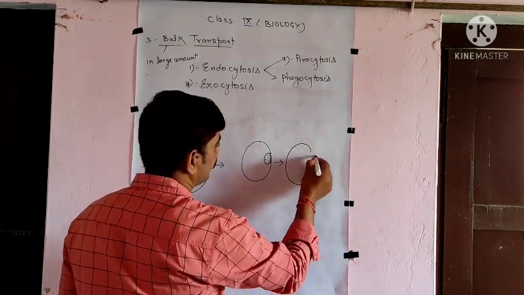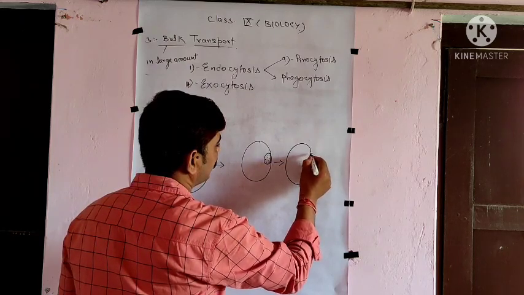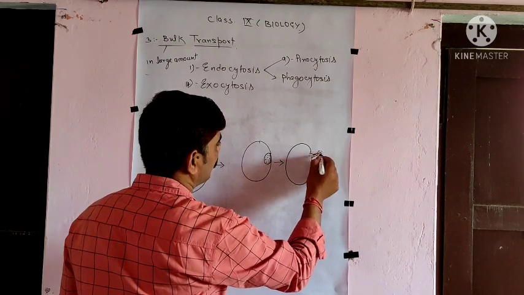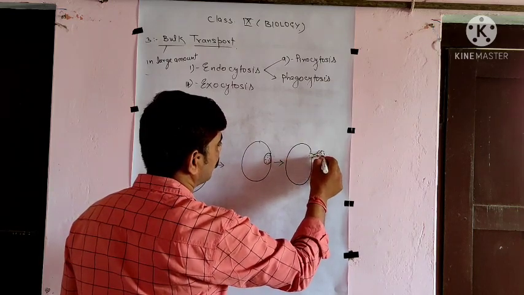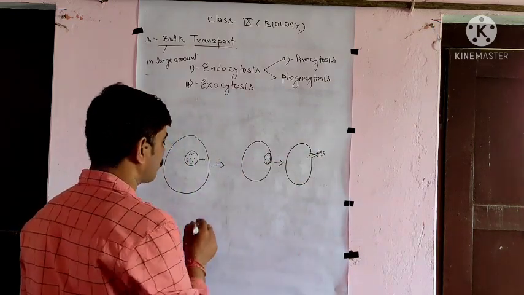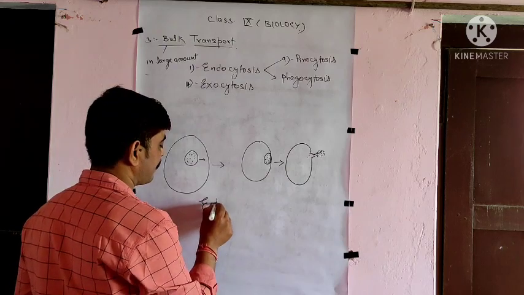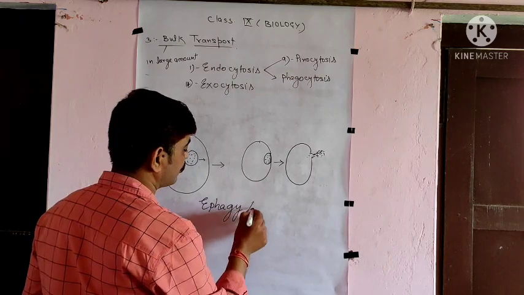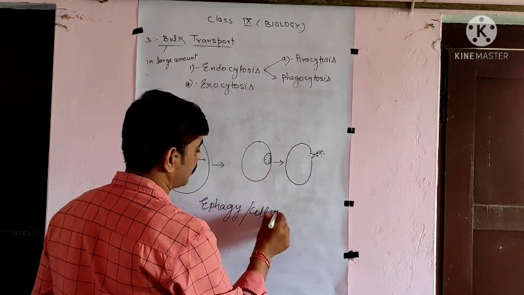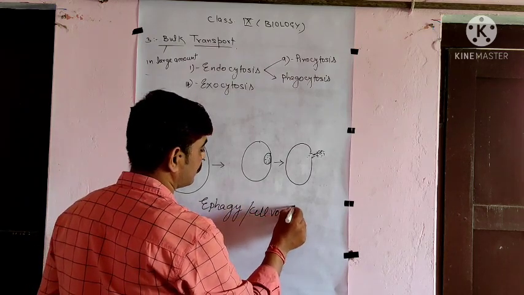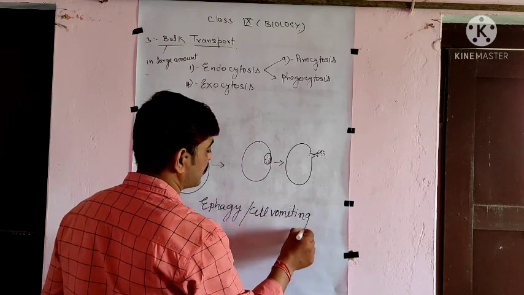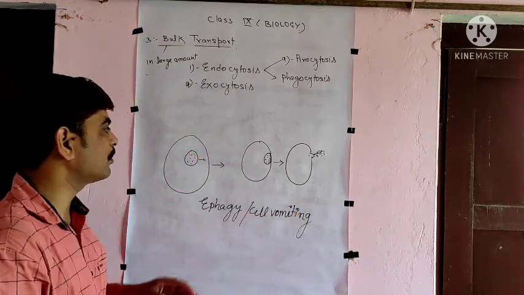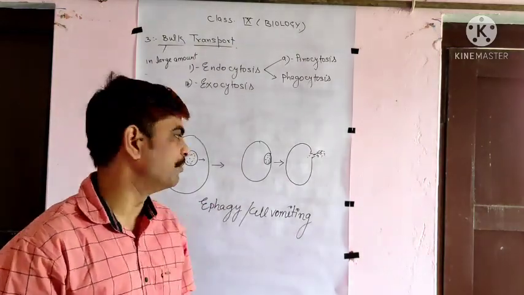This ruptures from here, and this material is removed out of the cell. Okay, this is also called emeiosis, or cell vomiting. This is also transport of bulk amount of material.